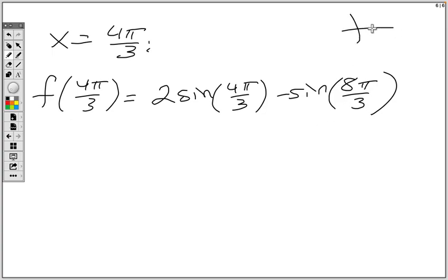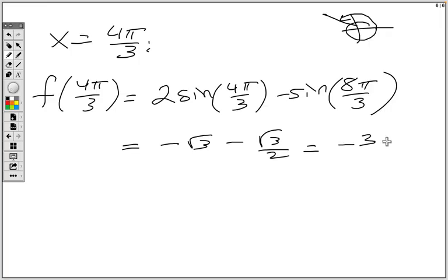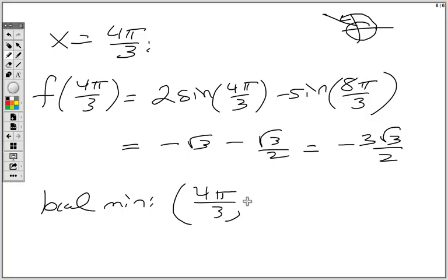Now 8 pi over 3 would go all the way around the circle for 6 pi over 3 and then another 2 pi over 3. So it would end up here in quadrant 2. So 2 times the sine of 4 pi over 3 would be negative root 3 minus another root 3 over 2. So this is minus 3 root 3 over 2. And so this would be our local min. 4 pi over 3, negative 3 root 3 over 2.